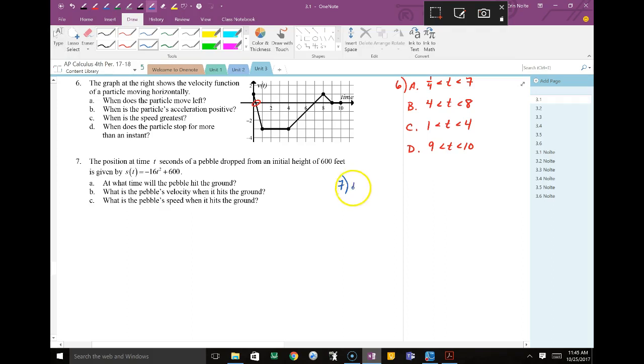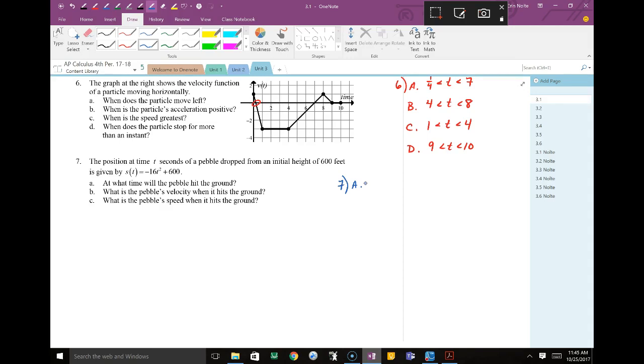So, hitting the ground, what are we talking about? What is equal to 0? Position, good.